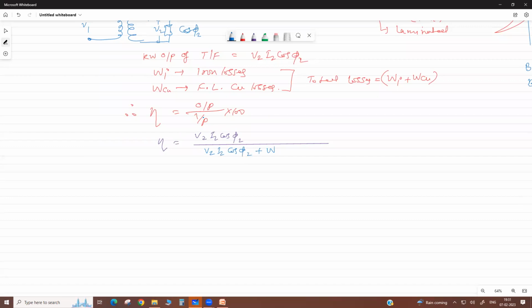You know, input equals output plus total losses. In per unit or percentage, you multiply with 100. So this equation will give the efficiency.